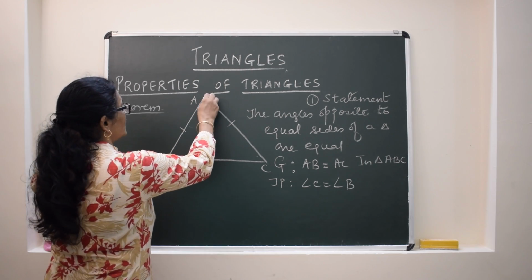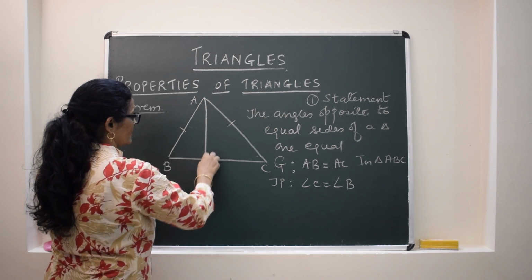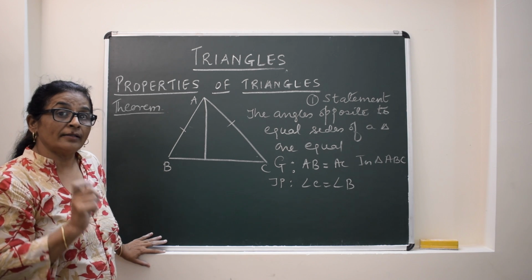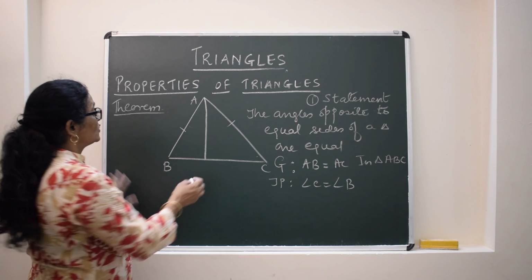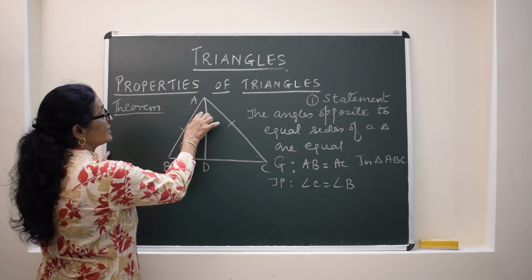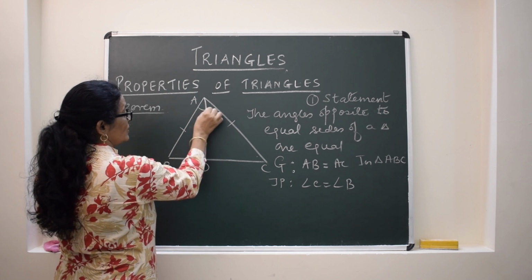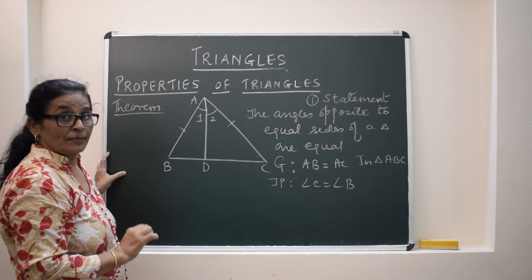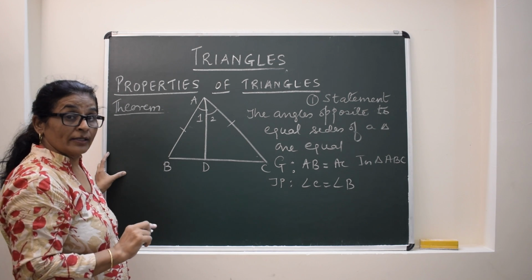We will draw an angle bisector. Angle bisector is a line segment which divides an angle into two equal parts. So this AD is an angle bisector of angle A. It means, according to construction, angle 1 is equal to angle 2.